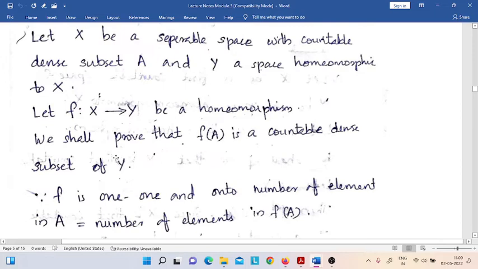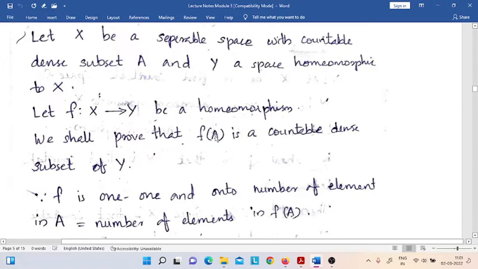For obtaining that, the only way is to find a countable dense subset of Y. We are looking for a countable dense subset of the second space, and there is a candidate for it.